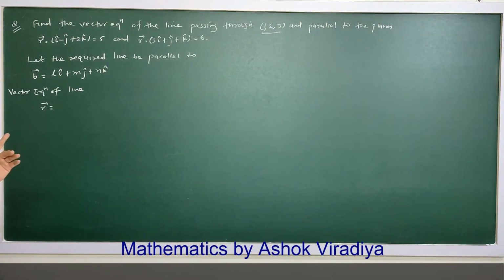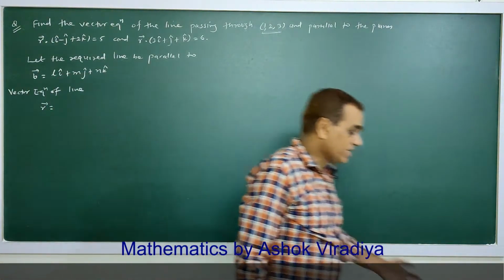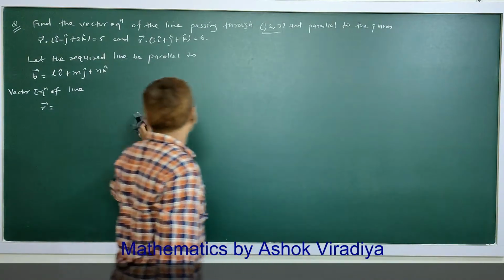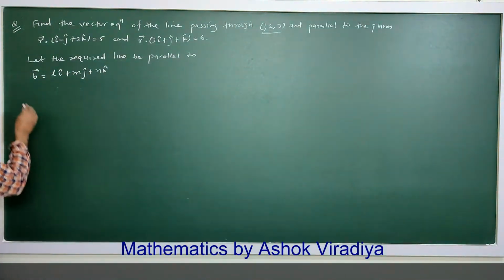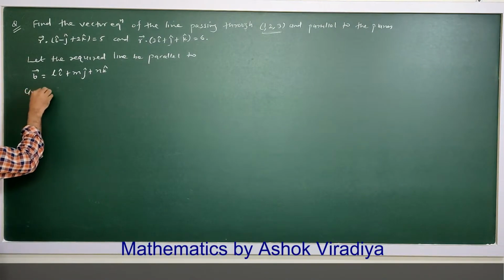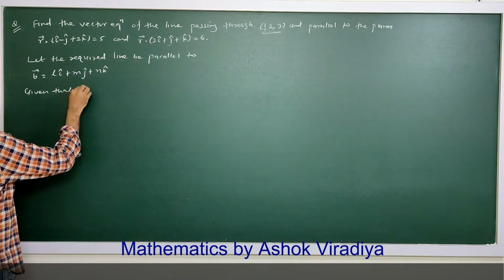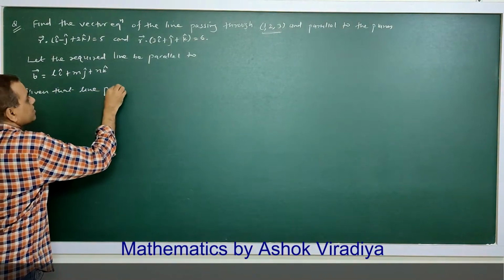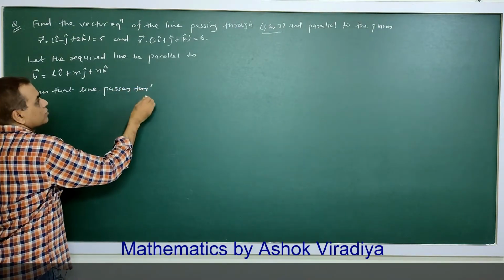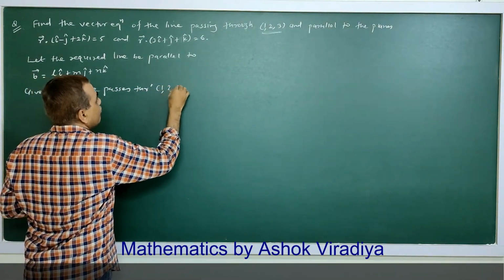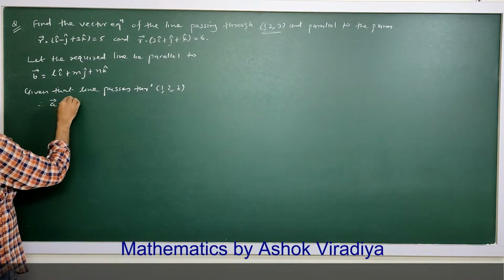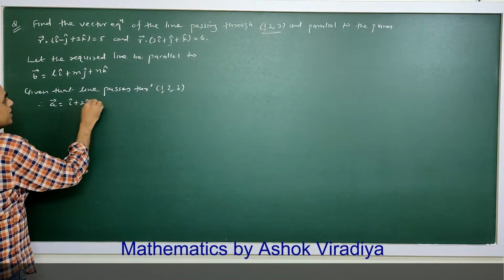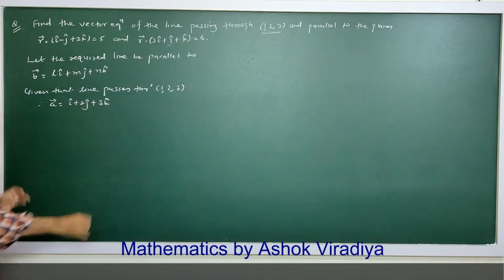So this is a direction vector, and the given line passes through the point (1, 2, 3). So vector a is i plus 2j plus 3k.